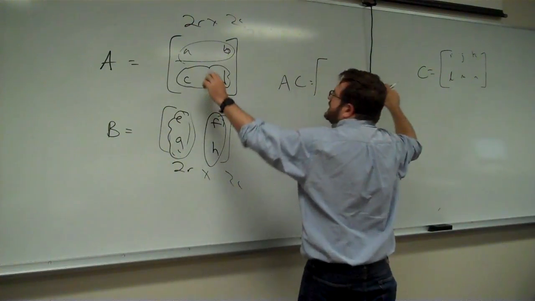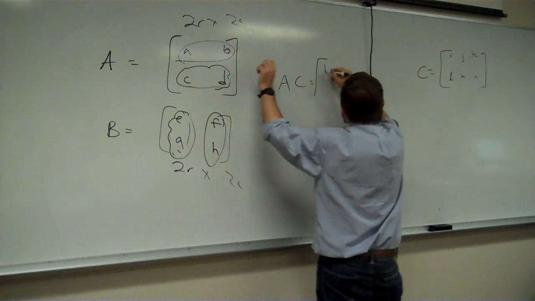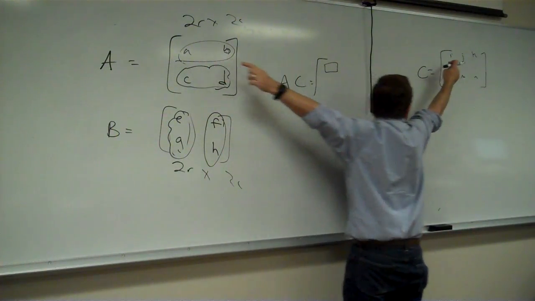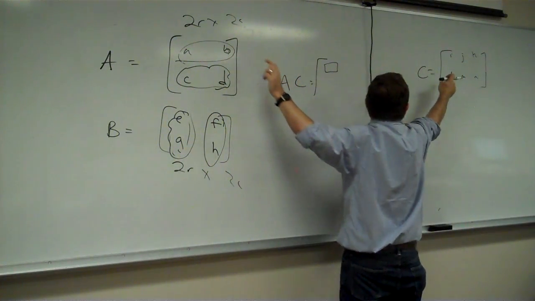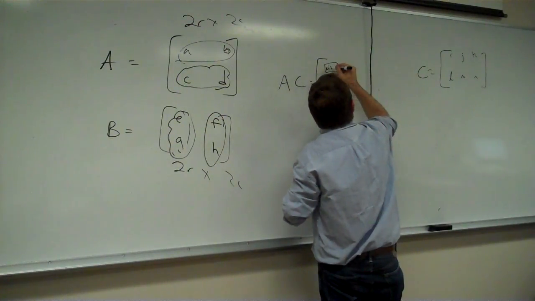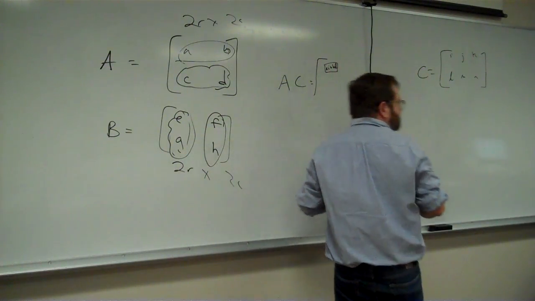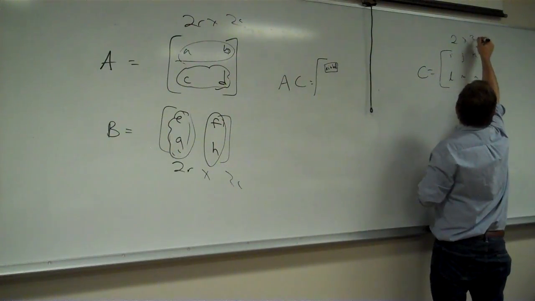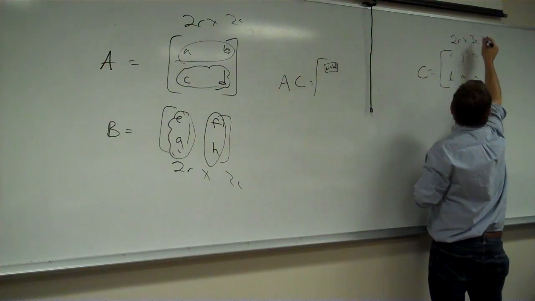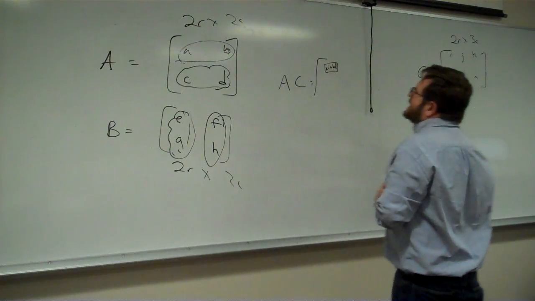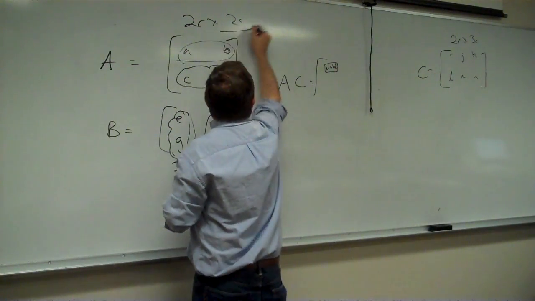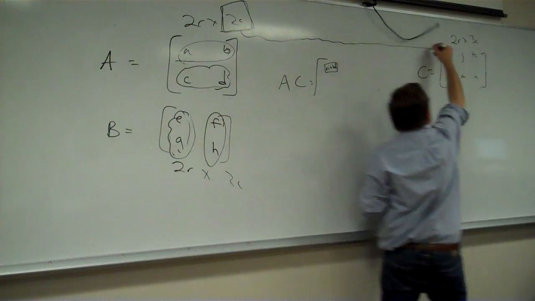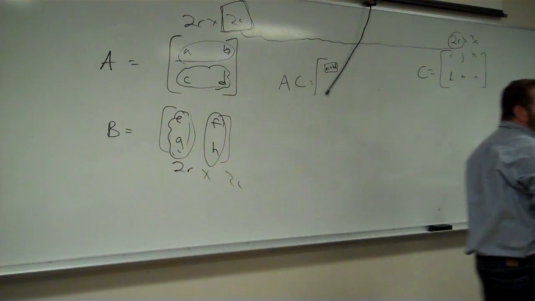First row, first column: A times I plus B times L. And it worked. How come it worked? This matrix is 2 rows by 3 columns. As long as the number of columns over here matches the number of rows over here, it's going to be fine.